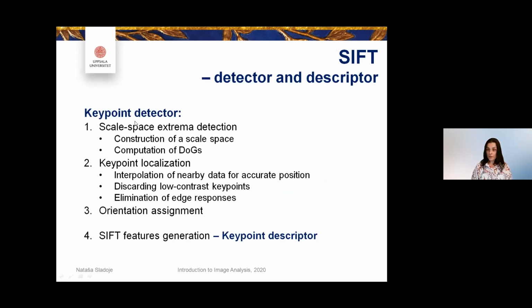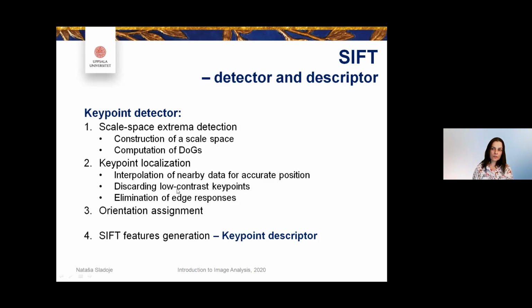So the main steps that can then be presented in a bit more structured way are within this detection part of the algorithm. There is analysis of scale space where extremal points are detected. First the scale space is constructed, and then the DoG feature is computed quite conveniently.